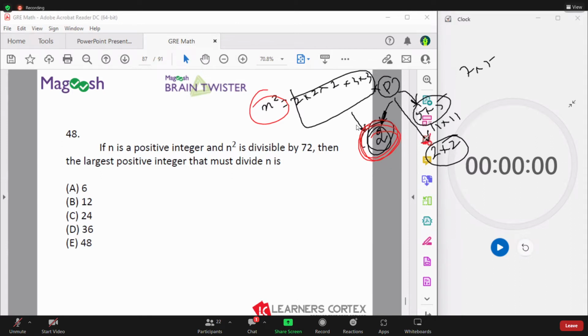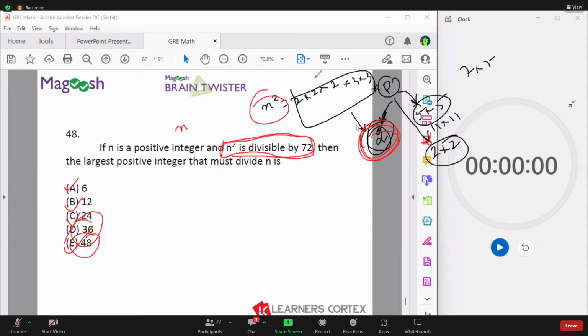Yes, sir. But this word "largest" is what is giving the confusion here. No, it is given that n square is divisible by 72. Had it been given that n square is divisible by 72 and by any other number as well, then all of these would have applied, not only 48, not only 36.